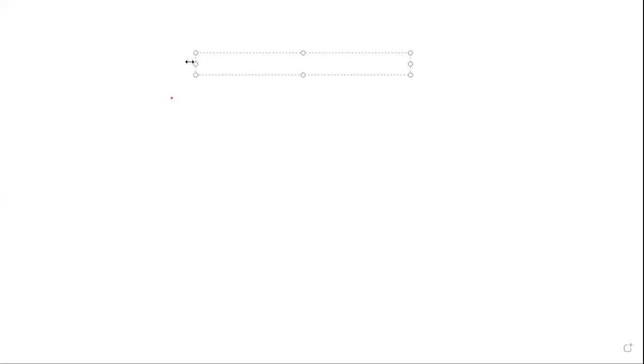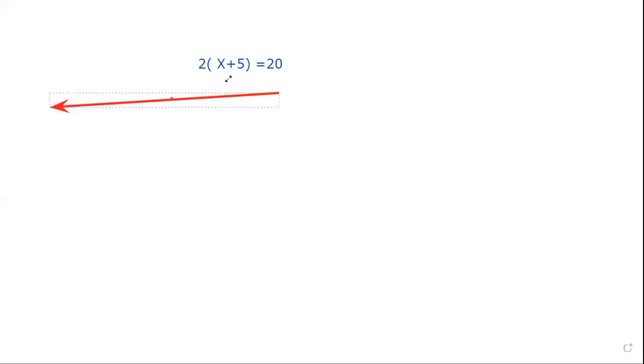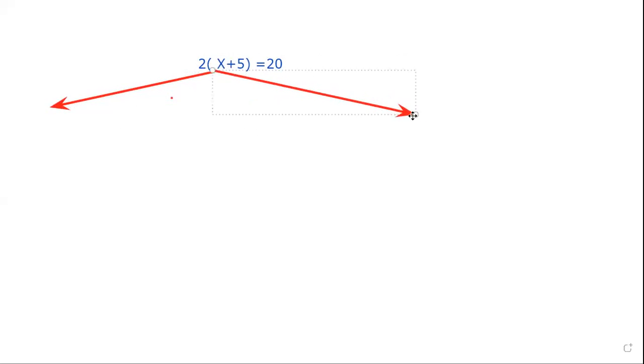First, you have to write 2 and then parentheses, x plus 5, and this equals 20, right? This question, I'm going to solve it with you in two different ways. The first way, and then I want to explain the second way. Who wants to start to work with me?